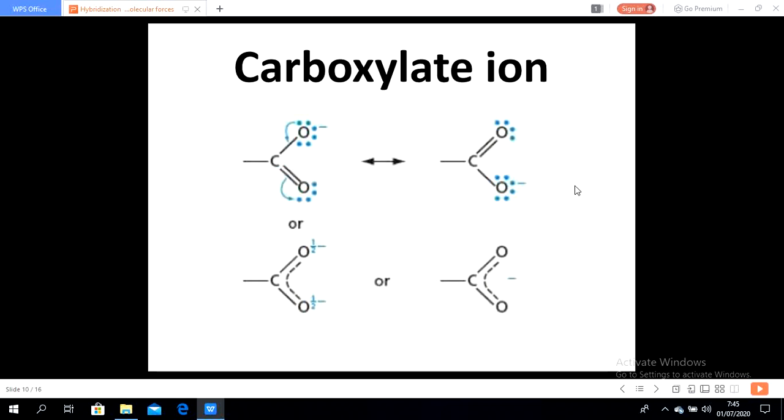Next, this is what it means. The electron can go here, and then this electron is taken. See the double bond, single bond. It's not obvious which one is the double bond and which one is the single bond. Is the double bond on top and the single bond below, or the other way around?